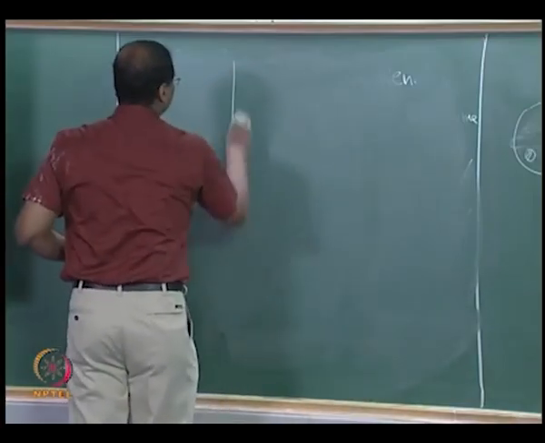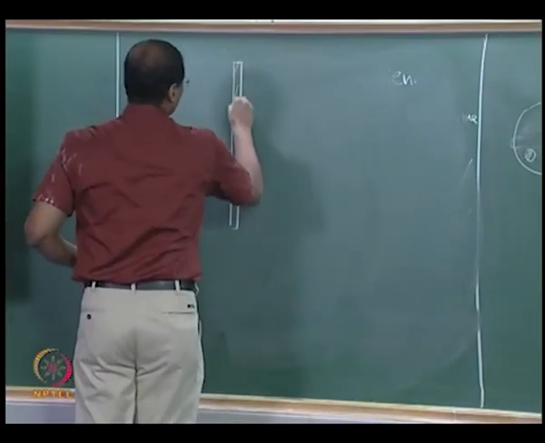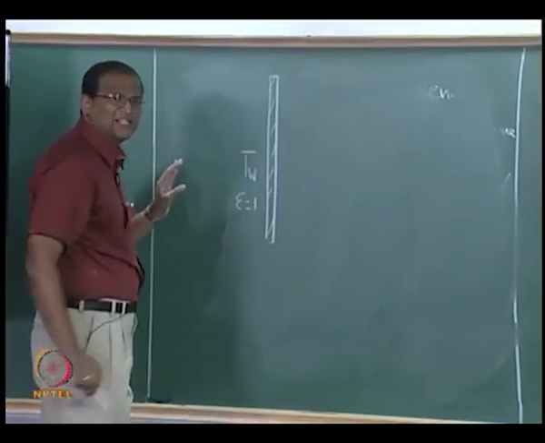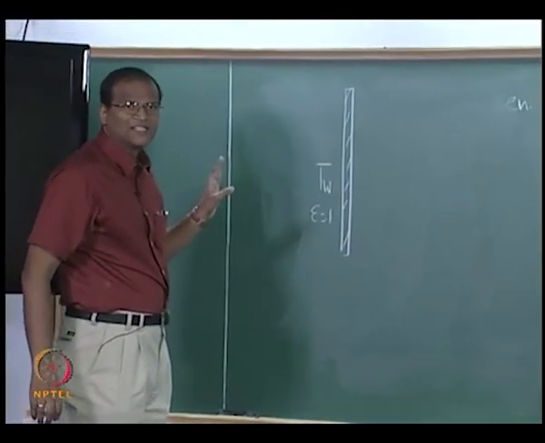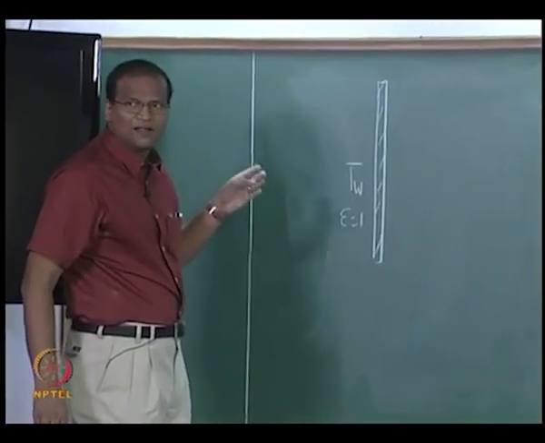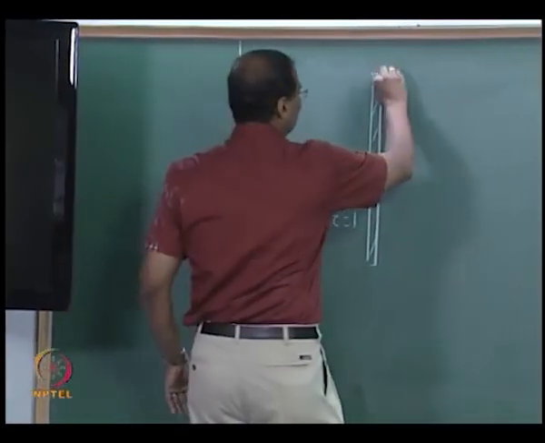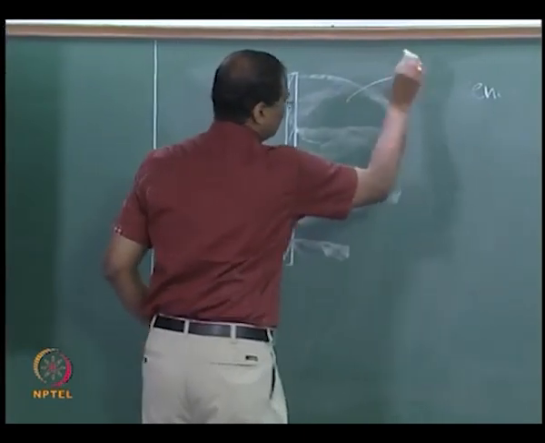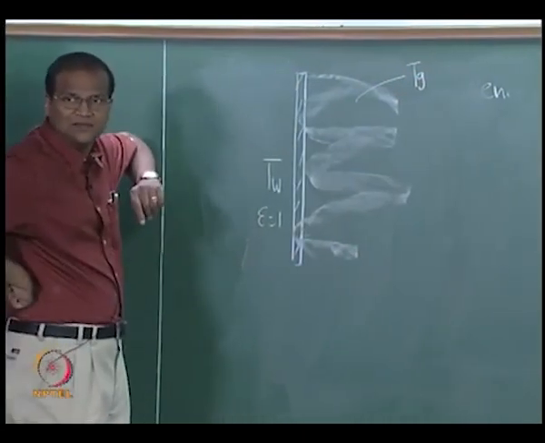So let us consider a wall which is black, at a temperature Tw, surrounded by this gas at Tg, okay.